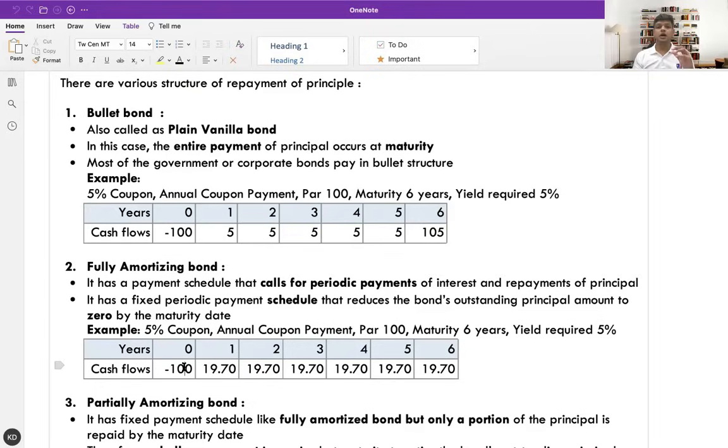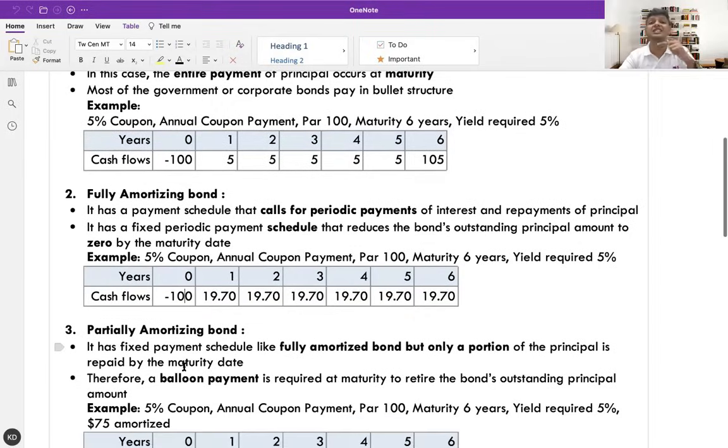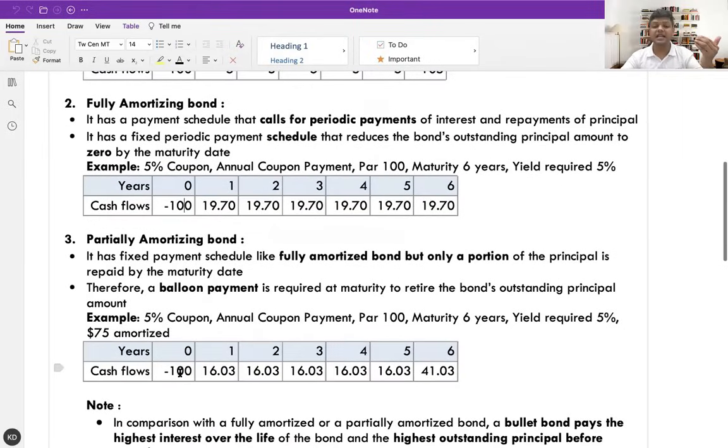Clear? Now between bullet and fully amortizing, you have a partially amortizing bond. In partially amortizing, let's say the bond's outstanding is $100. Out of that, $75 is amortized in the first 5 years, and a big balloon payment of the remaining principal is paid at the last year.